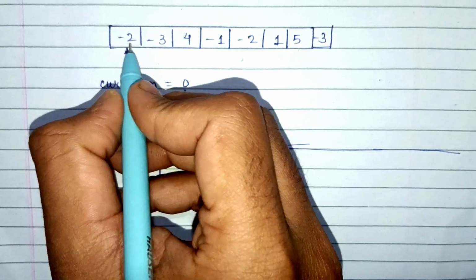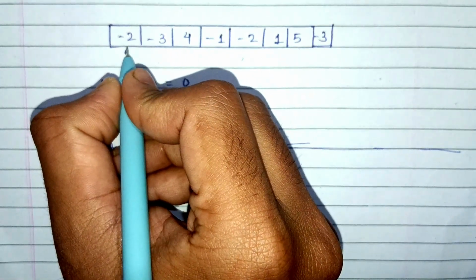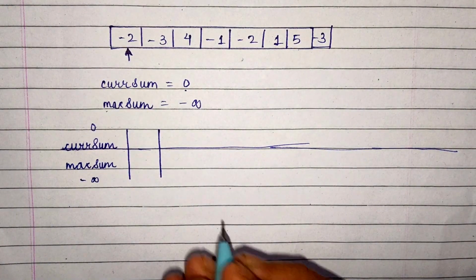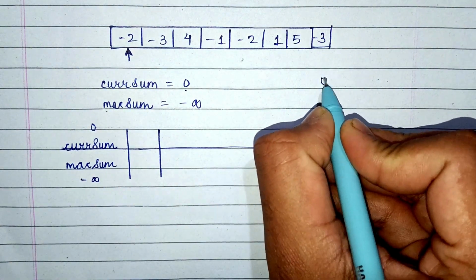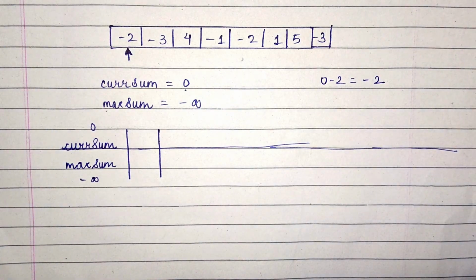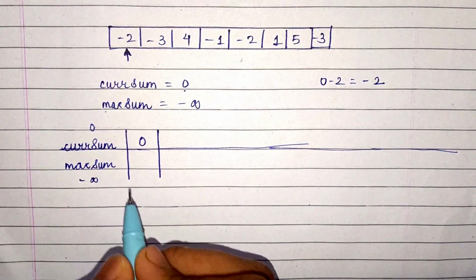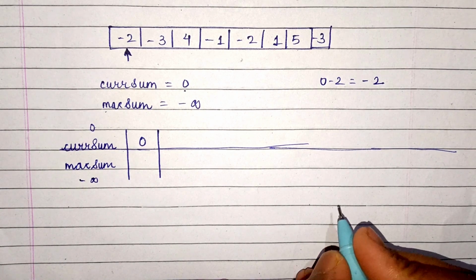If we trace the array and the compiler is here, the addition will be 0 minus 2. The answer will be minus 2, then we will consider it as 0. What will the maximum sum be?